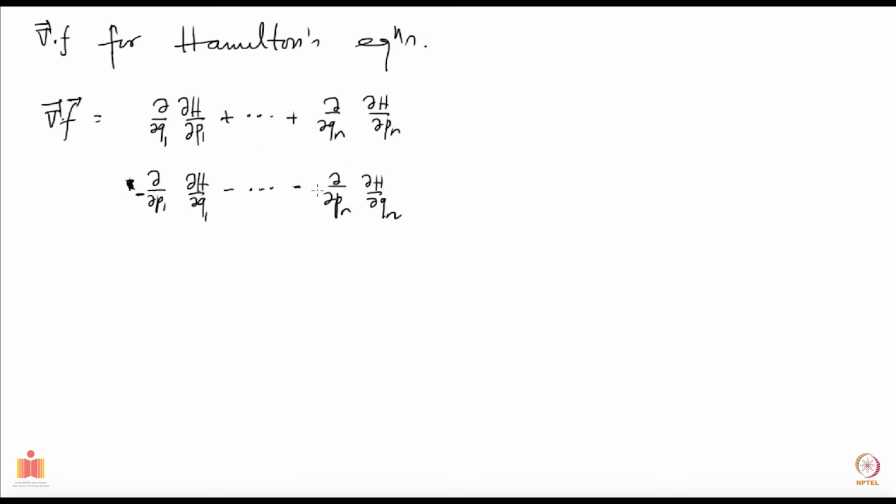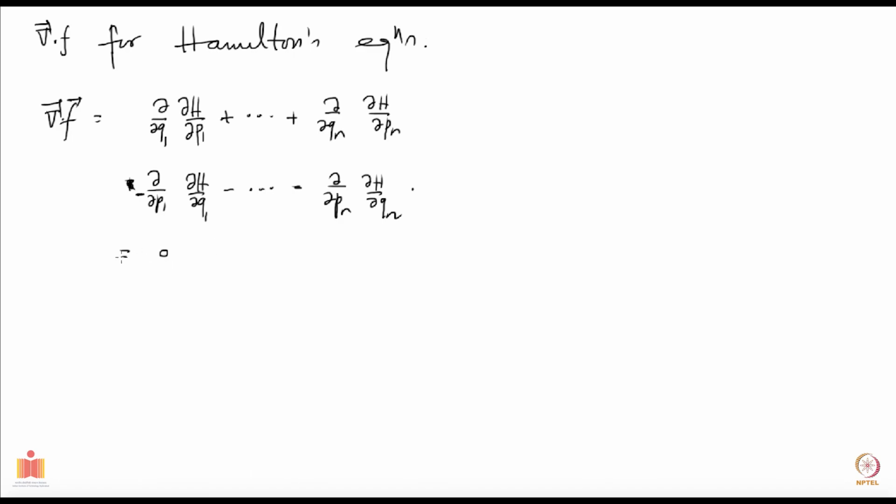That's all you have. So H is being differentiated with respect to q_1 and p_1, and here also the same thing, and the order does not matter, and there's a relative sign, so these two will give you 0. Similarly, all the other terms will also cancel pairwise and will leave you 0.